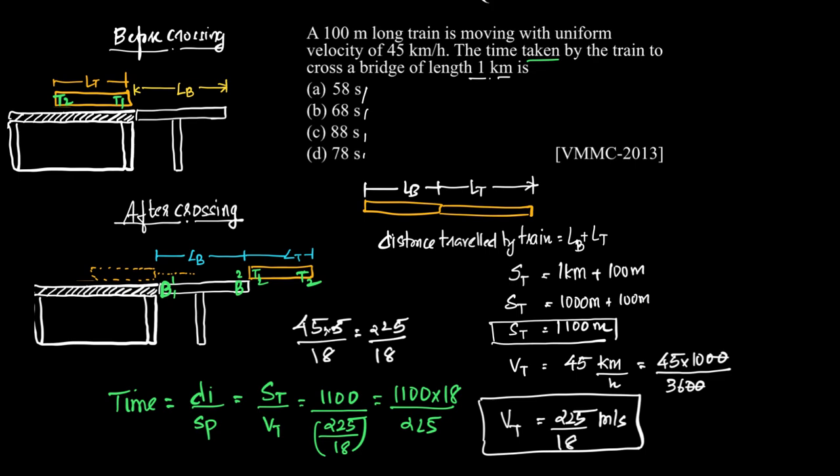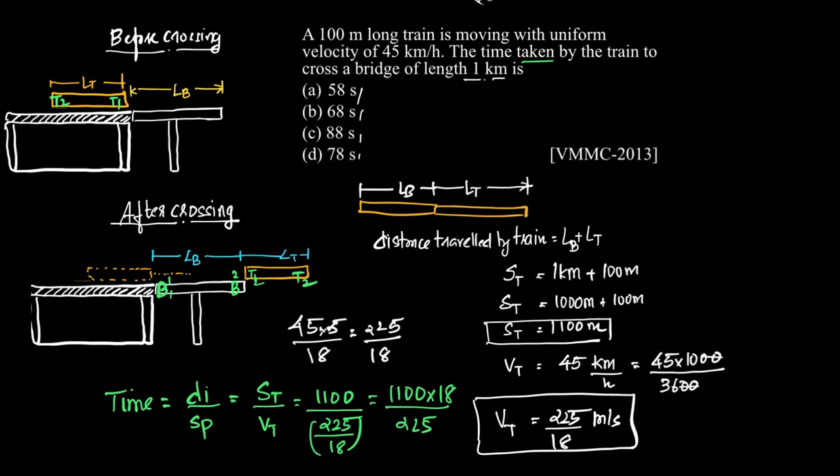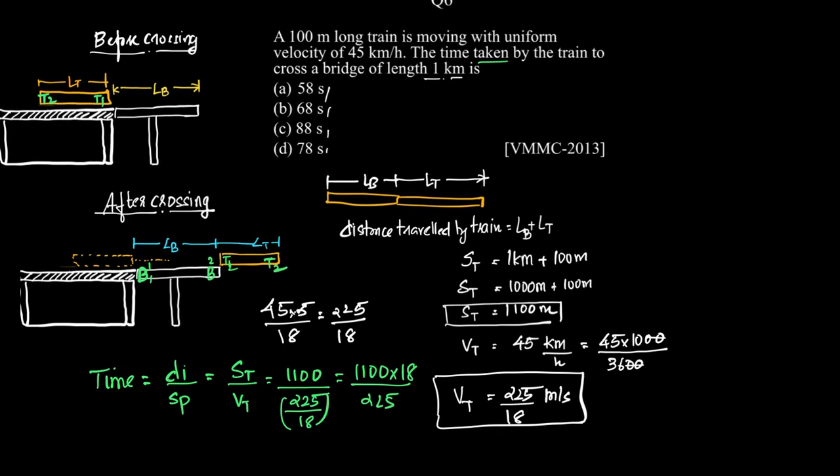So 9 2s are 18, 22 minus 18 is 4, rest is 5, 9 5s are 45, so 2 by 25.